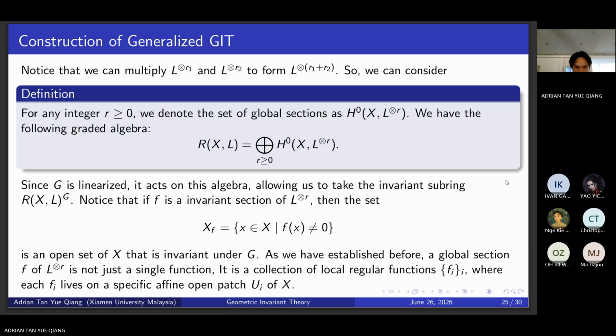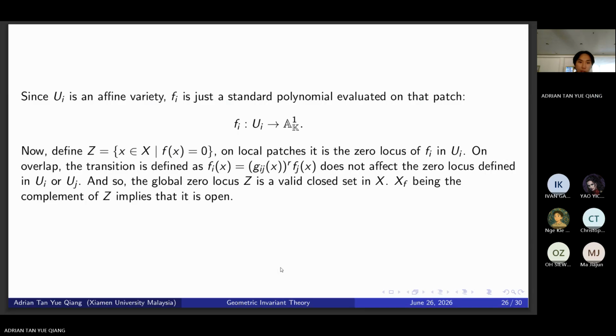And so one thing to note is that if F is an invariant section of this R-th tensor power line bundle, then this set X_F is actually open. It is open because locally it is indeed a polynomial.